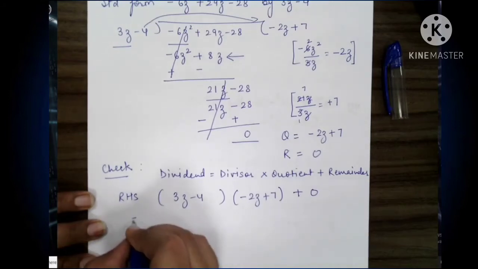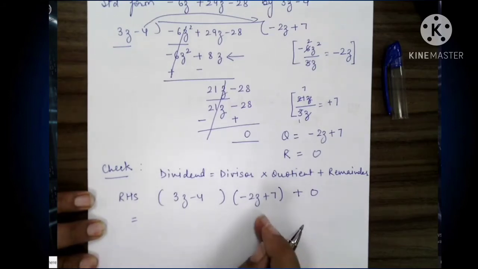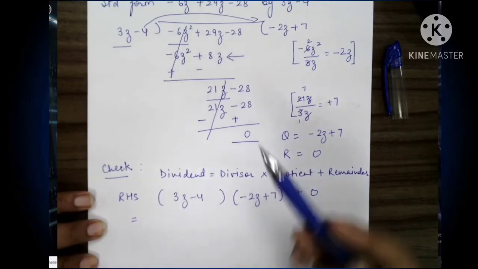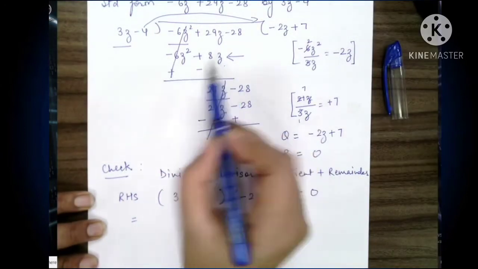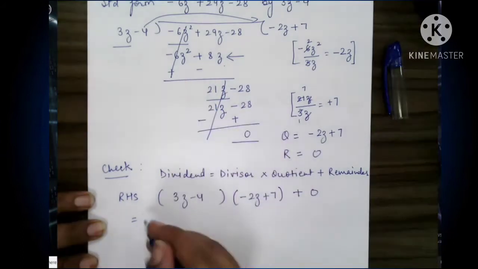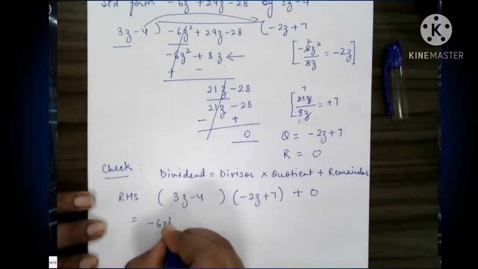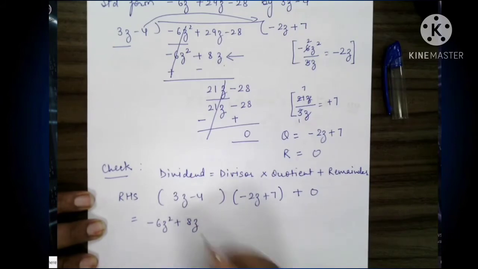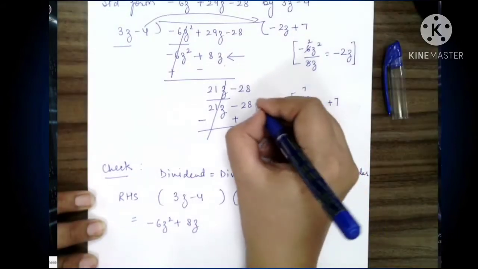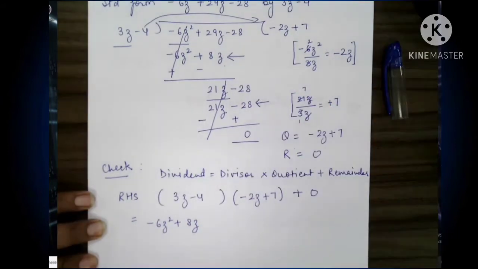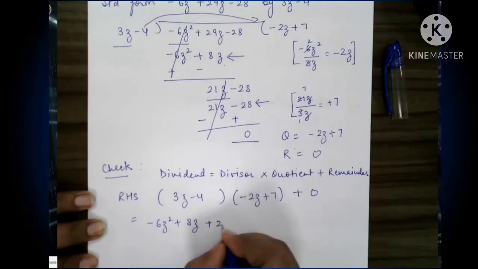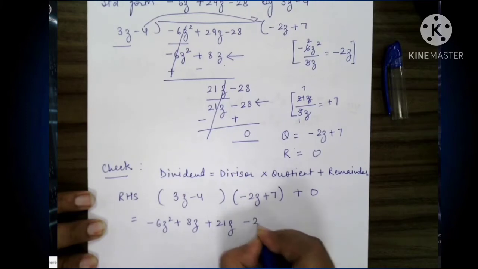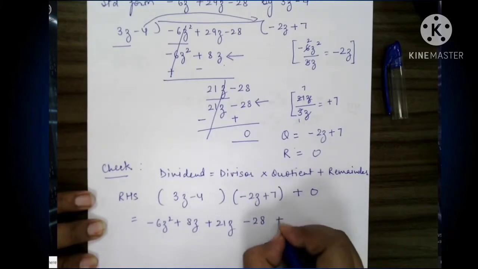After this, you are not supposed to multiply the bracket; you will get that answer from your division. The first term you wrote yourself, without changing sign, is minus 6z square plus 8z. This term, second, you write from your side: without changing, plus 21z minus 28, remainder is 0.